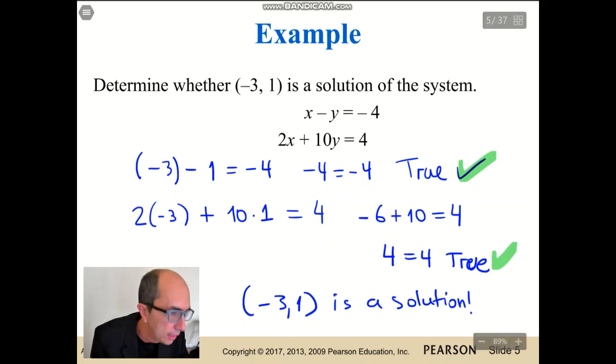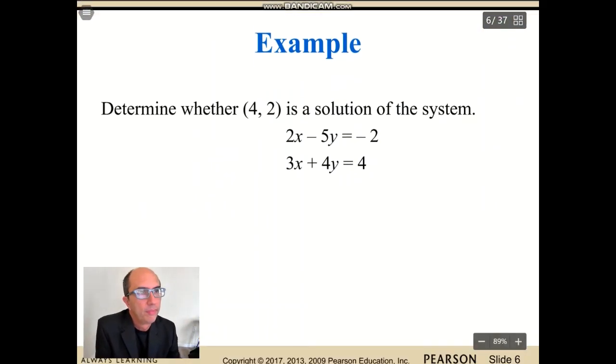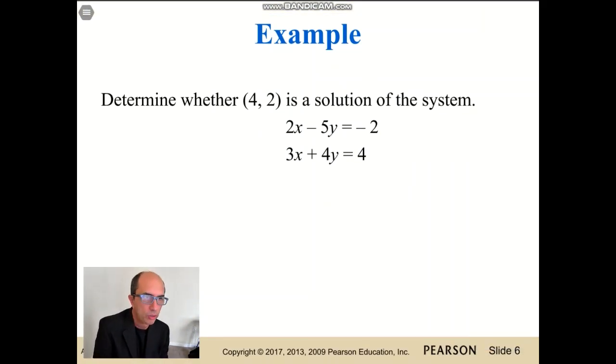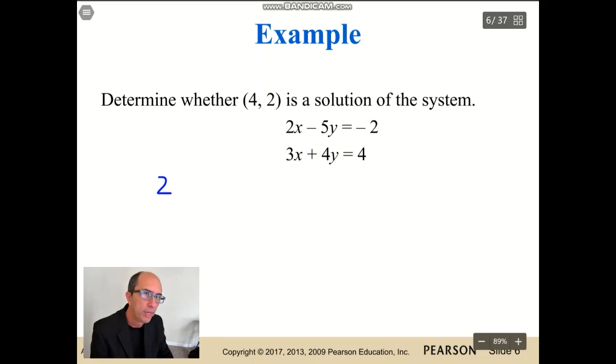Alright, next example. Now we have another ordered pair, 4 and 2, x equals 4, y equals 2. Determine if it is a solution of the system. Plugging the numbers, x equals 4 on the first equation, 2 times 4 minus 5 times 2 needs to be equal to 2.